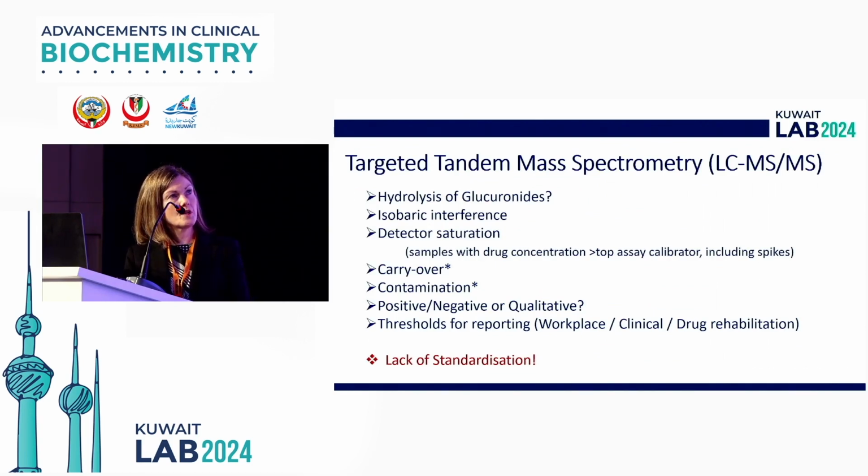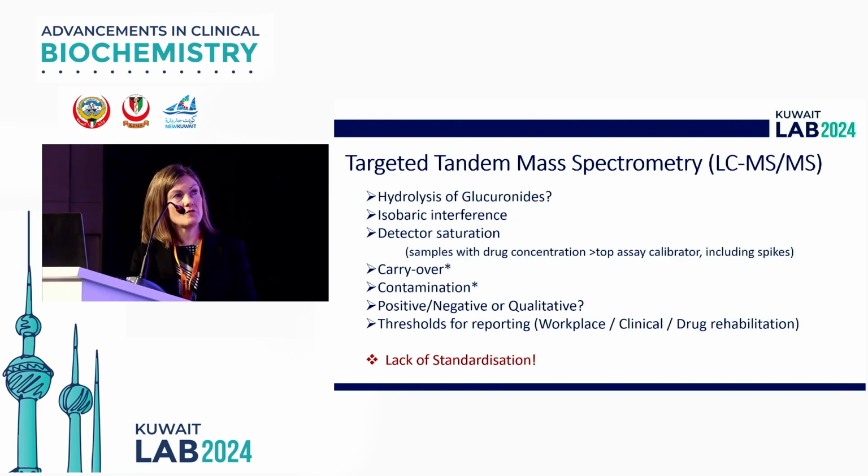Also, in terms of mass spectrometry assays, there are lots of labs in the UK that offer this, but there isn't really any standardization. Some laboratories will have an enzymatic step before introducing the urine to the HPLC to hydrolyze the glucuronides, and some assays may not fully appreciate the effect of isobaric interference.